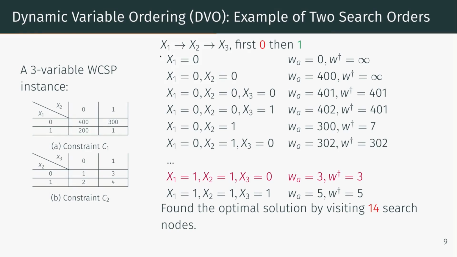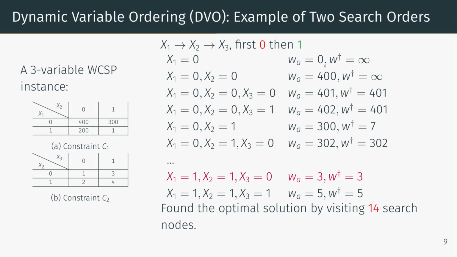Let's consider this search order, x1, x2, and x3. And we always assign 0 first, then assign value 1. The first search node is x1 equals 0. At this search node, since there's no unary constraint, there's no constraint between all assigned variables, which is x1 alone. So we have WA equals 0.